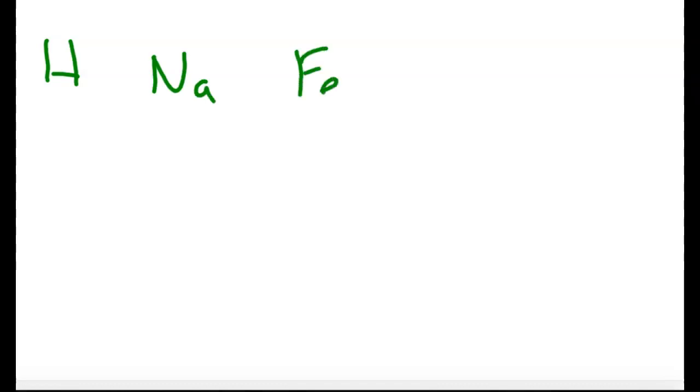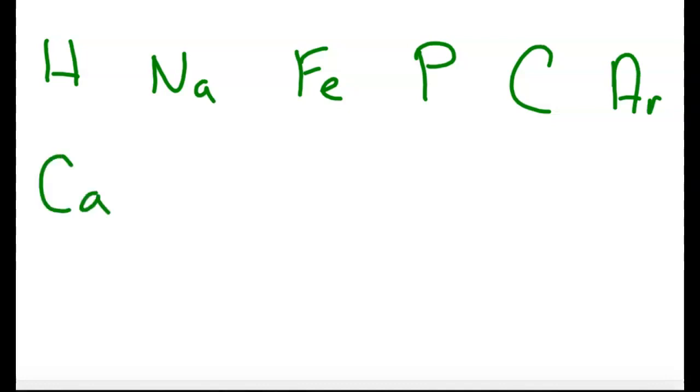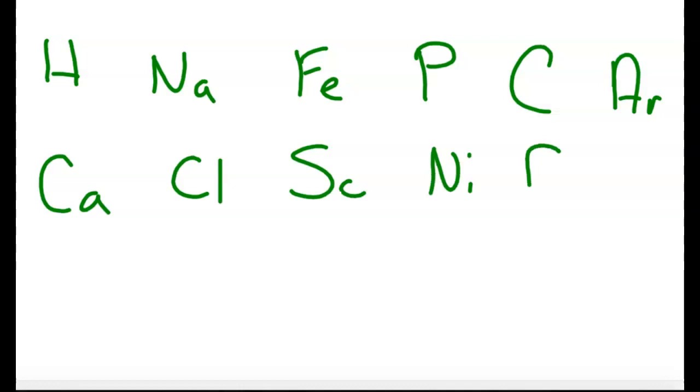Iron is Fe, phosphorus is P, carbon is C, argon is Ar, calcium is Ca, chlorine is Cl, scandium is Sc, nickel is Ni, fluorine is the letter F, remember it's not Fl like Florida, and oxygen is the letter O. You're going to fill in each of those.